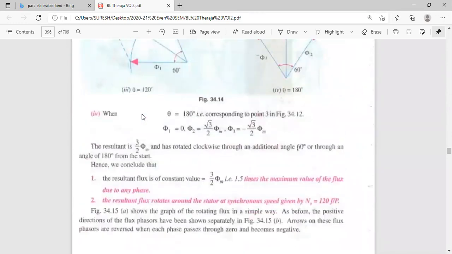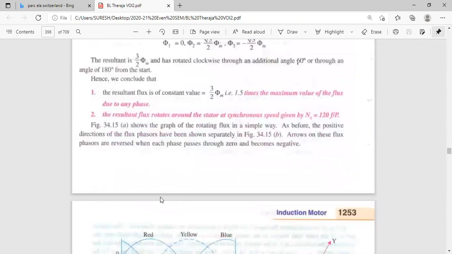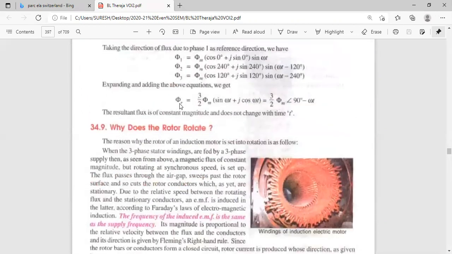Here is the resultant of these three fluxes, Phi 1, Phi 2, and Phi 3. The resultant of these three fluxes is Phi R. See here, Phi 1 is at 0 degrees, Phi 2 is minus 120, Phi 3 is plus 120.